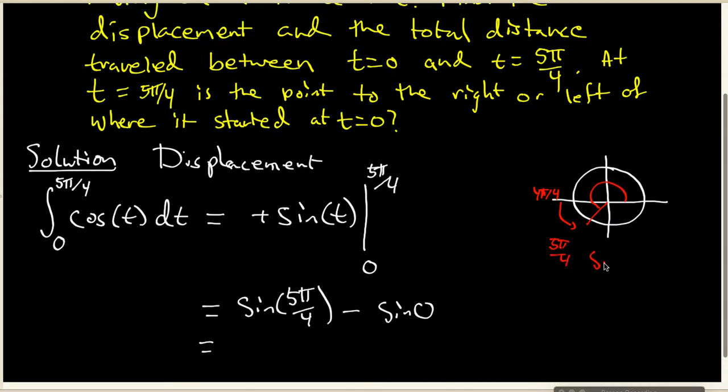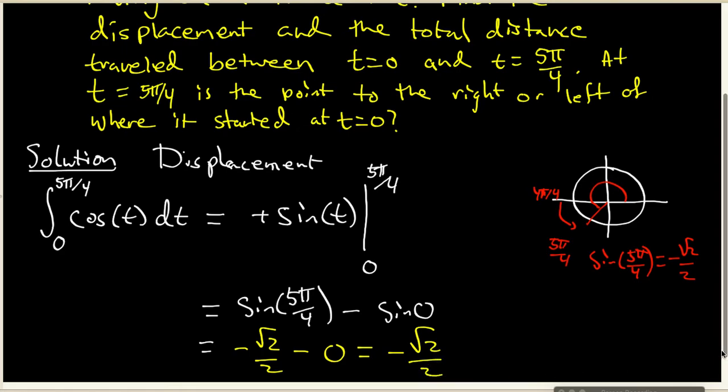And that means the sine of 5 pi over 4 is negative, and the pi over 4s are always plus or minus square root of 2 over 2's. So this particular value is going to be minus square root of 2 over 2. And then the sine of 0 is simply 0. So our final answer on the displacement is minus the square root of 2 over 2.